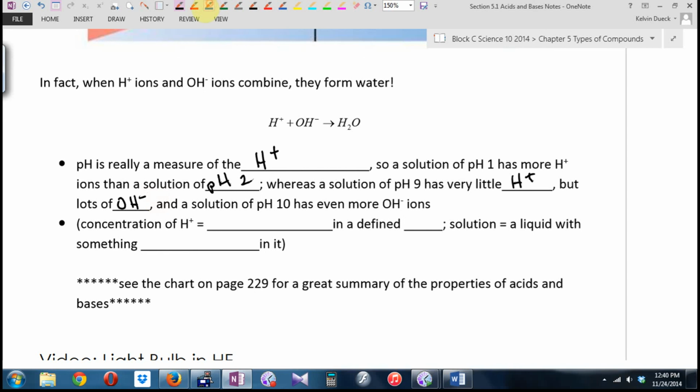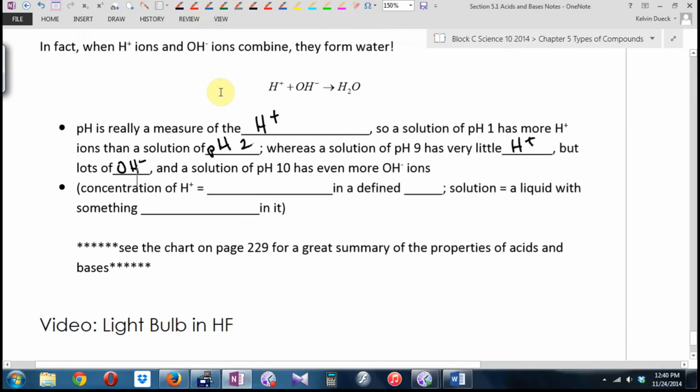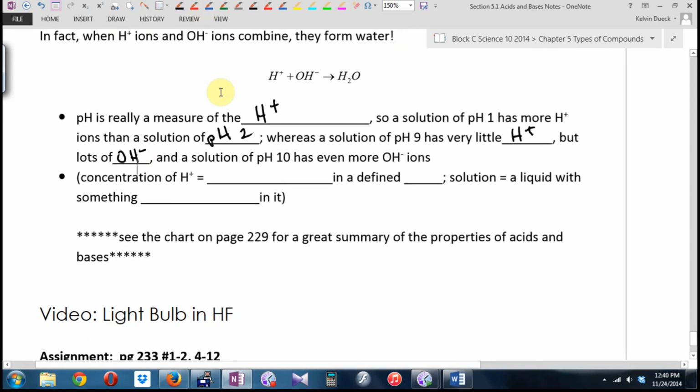Little nerd note here. The concentration of H plus, of hydrogen ions, is the number of H plus in a defined volume.